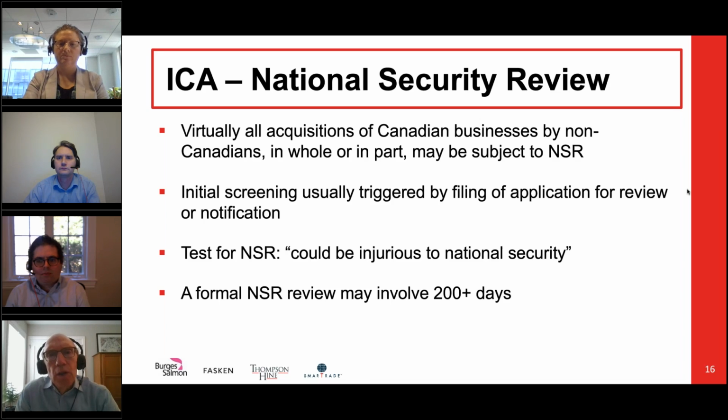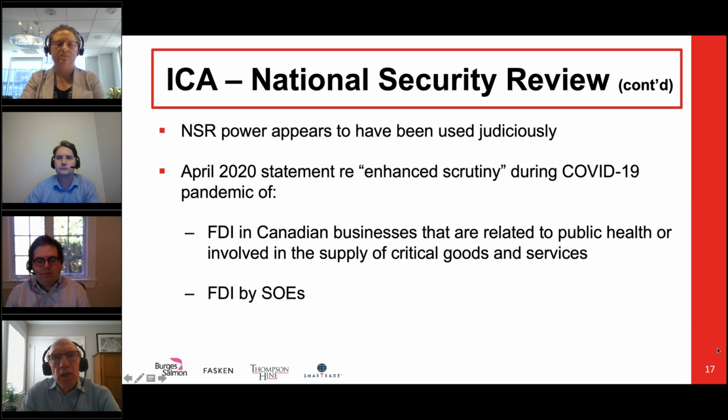So in terms of the national security review power, it's very extensive. The deals can be blocked, conditions can be imposed, undertakings can be negotiated, etc. But overall, I would say that the power appears to have been exercised judiciously to date. Now, something of an expansion, not a statutory expansion, but in terms of policy, if you will.